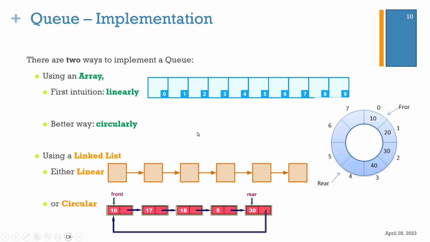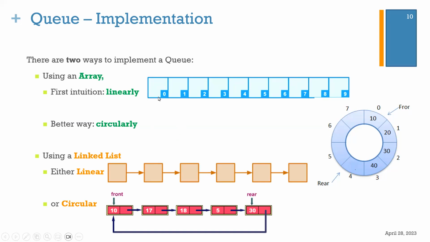For Q implementation, we have 2 methods to implement a Q. The first one is array, and the second one is linked list. For array, actually, we have 2 types of array, linear array or circular array. Why using circular array? This is a problem we will learn in the next slide, to overcome some problems in linear array.